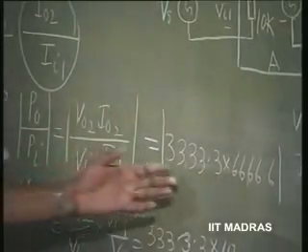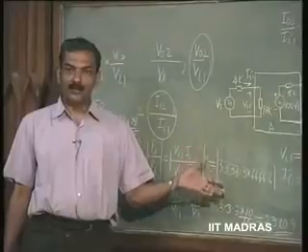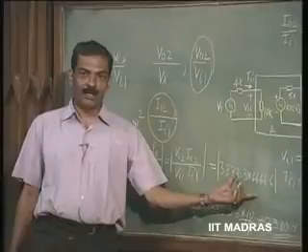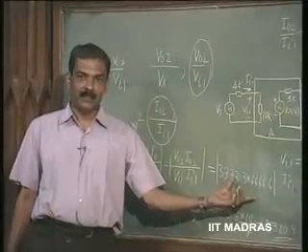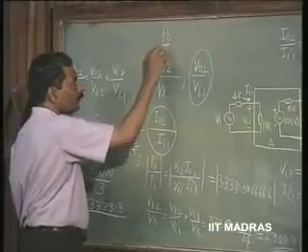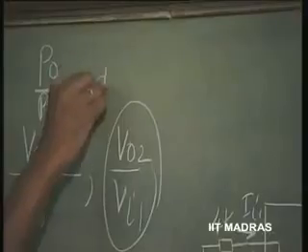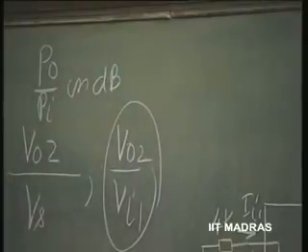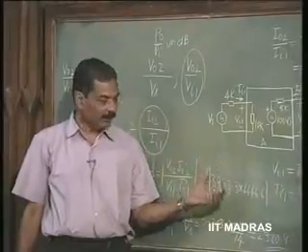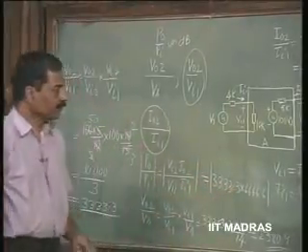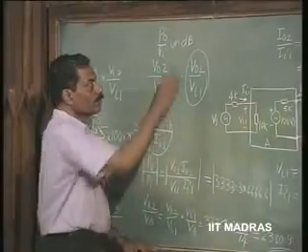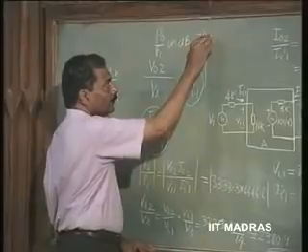So, let us express this as 10 log to the base 10 of this factor, that is the power gain expressed in decibels. So, P naught over Pi in decibels, which is 10 log, not natural log, 10 log to the base 10 of this. So, how much is that? 73.46.